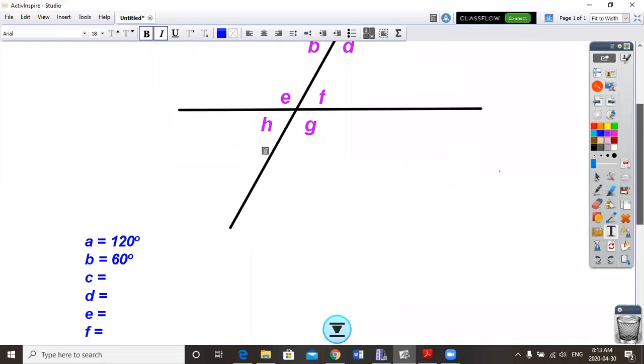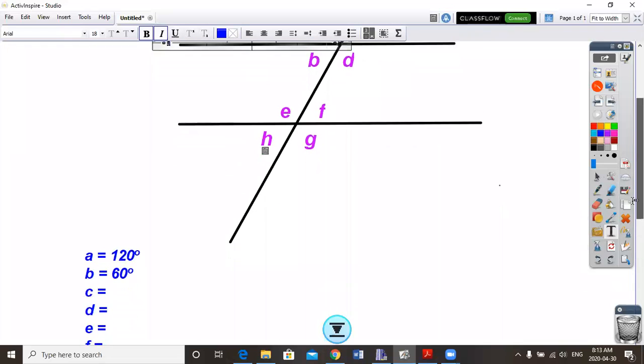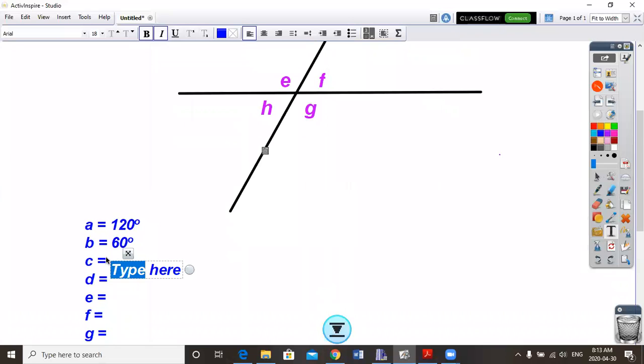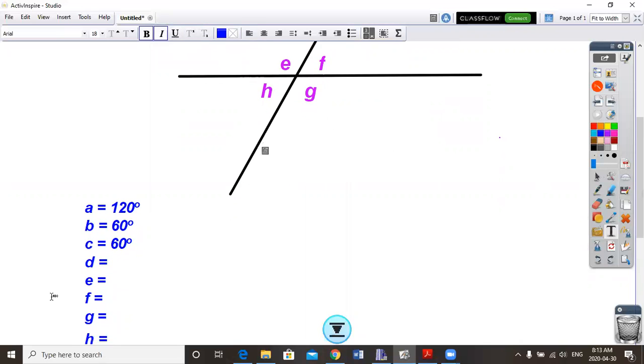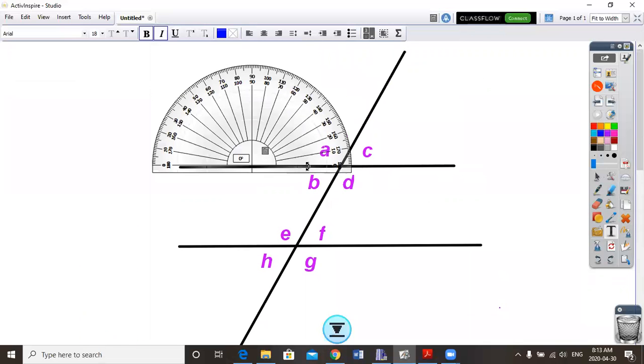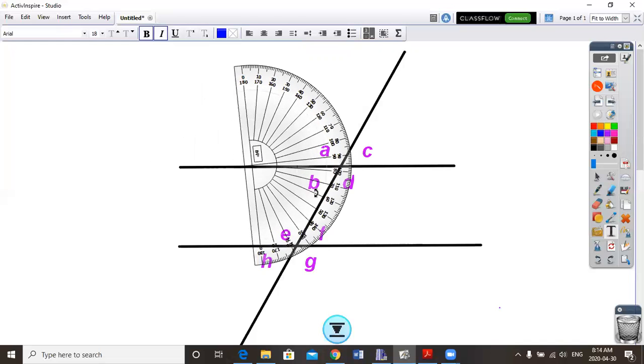So angle C is 60 degrees. You'll notice that angle B and angle C have the same measure because we did some deductive thinking and gathered data, and we know they're equal because we measured them.